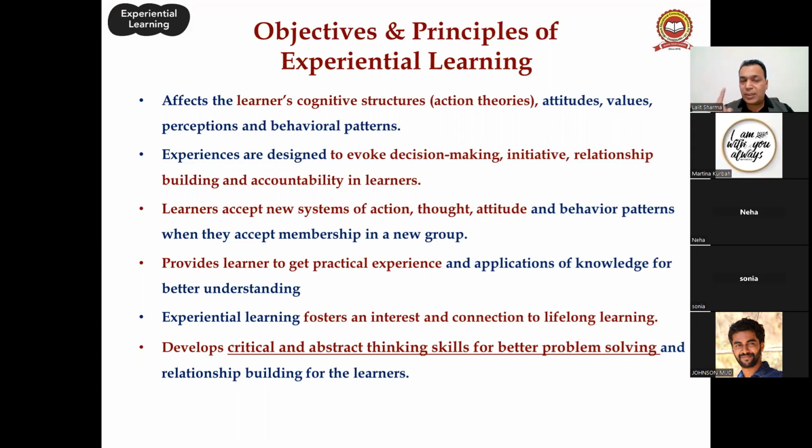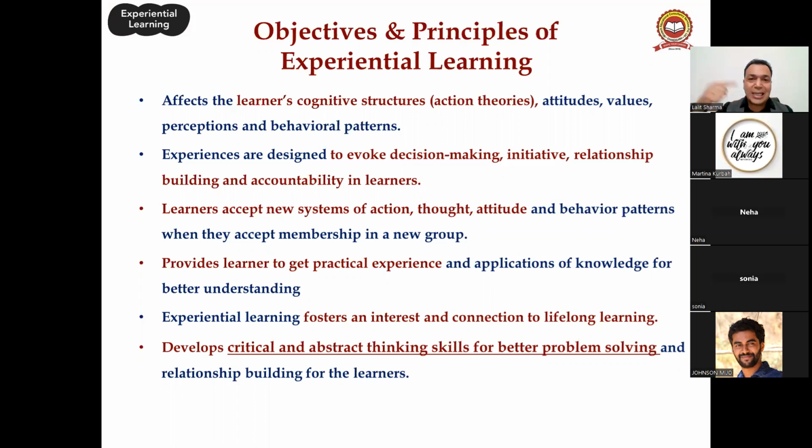Remember my first lecture of psychology. What is psychology? Psychology is the science of behavior. Okay, we divide it in 3 parts: cognitive, conative and affective behavior. Ana, you remember na? Right? So these three things, okay, experiential learning affects the learner's cognitive structure.